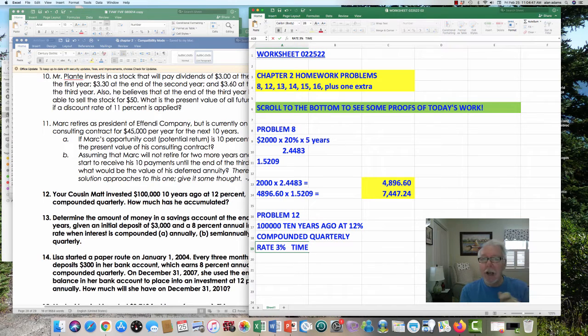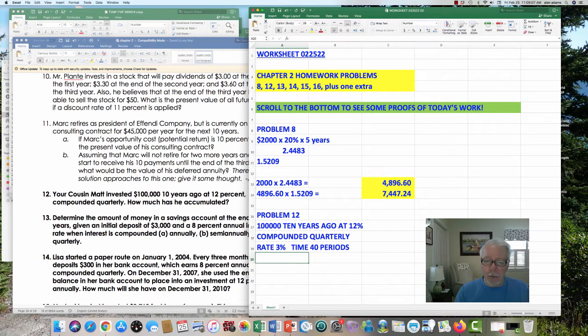And the amount of time is 10 years, but with 4 quarters in a year, our interest will compound 4 times a year. 4 times 10 years is 40 times. So we're going to say 40 periods, or 40 quarters, whatever you'd like to call it.